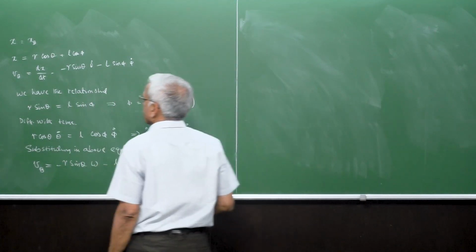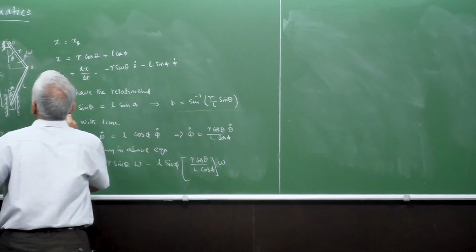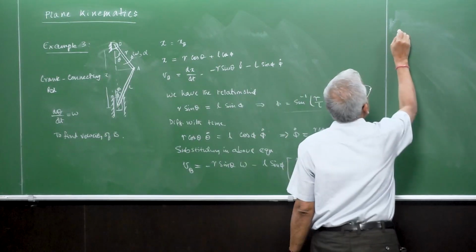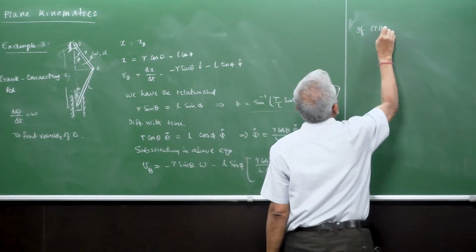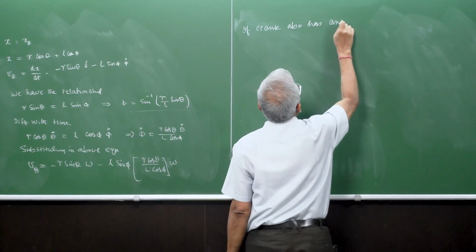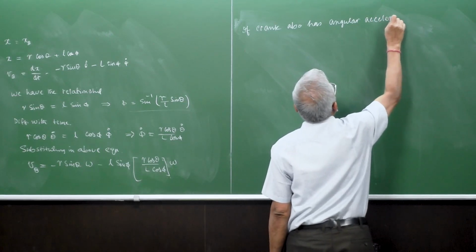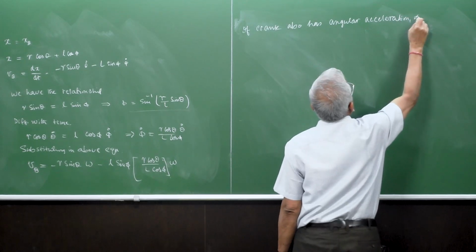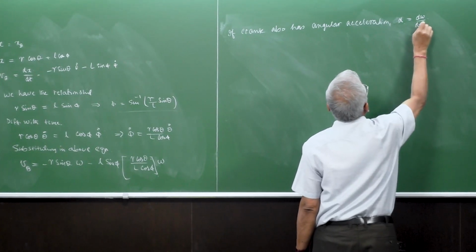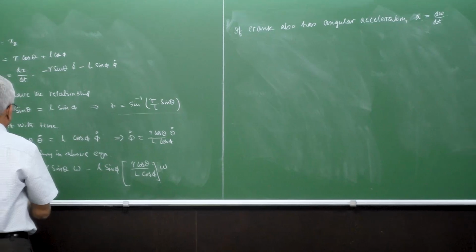So for that, if omega and alpha are given, if the crank also has angular acceleration, alpha, which is nothing but d omega by dt, then here we have VB like this one, right?